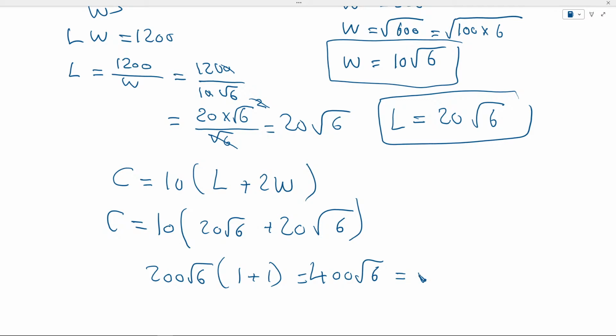That will give something like this. Okay. So if you make W equal to this number and the length equal to this number, that will give you the minimum cost at about $1,000. That's basically how to solve these types of problems.